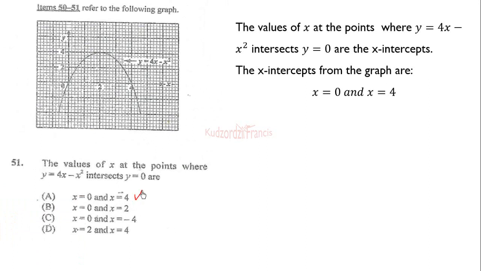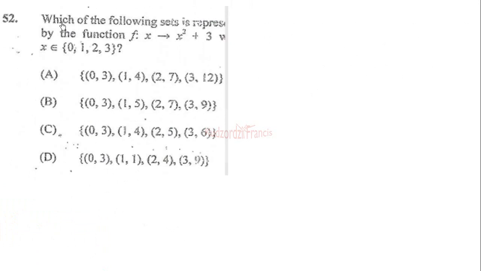Now let us look at the next question. Which of the following sets is represented by the function f is such that x maps onto x squared plus 3, with the given domain as 0, 1, 2, 3.